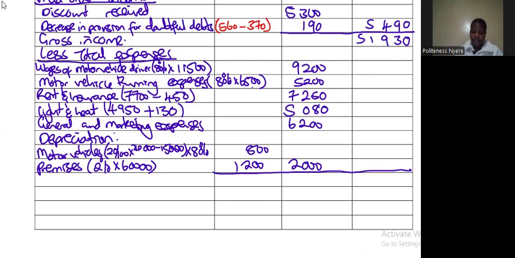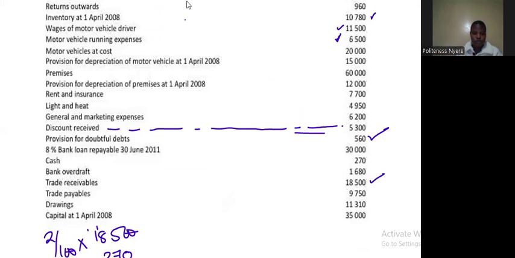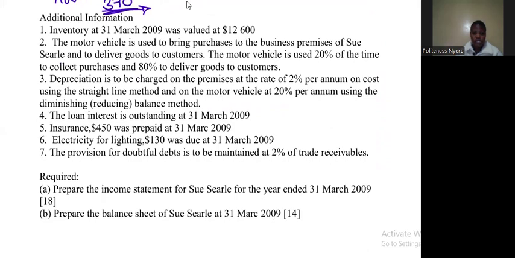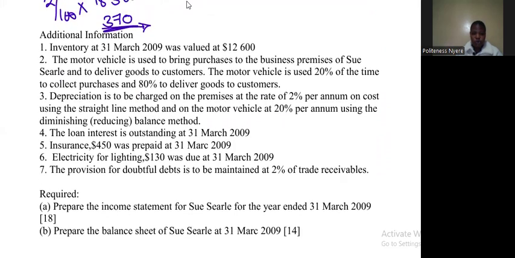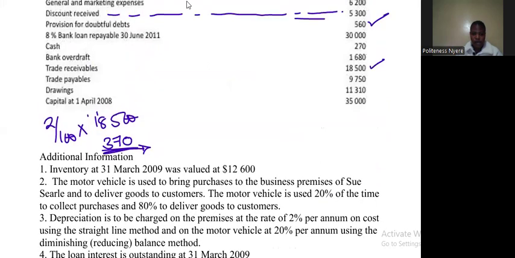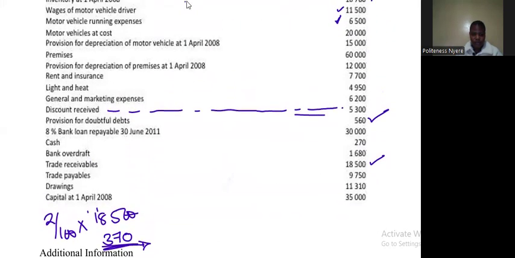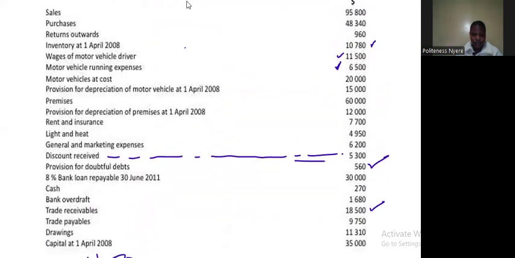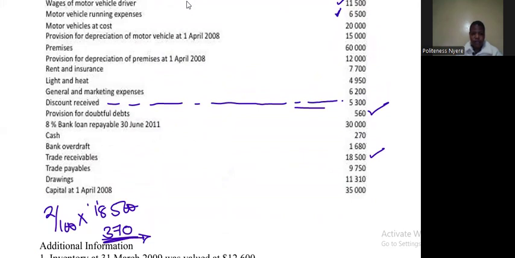So we are supposed to add everything, but I think I forgot something. I saw something to do with the loan. Sorry for that. We have loan interest that was outstanding. We have an 8% bank loan repayable. So 8% is for the interest, on 30,000.